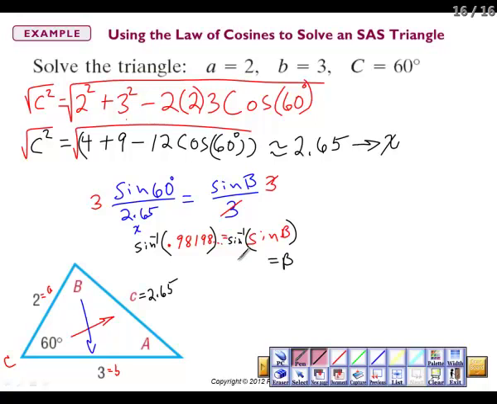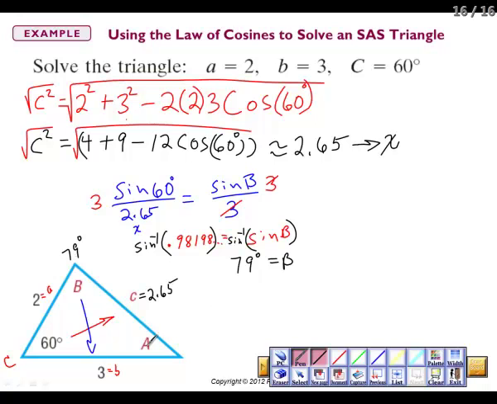So we're just going to say 79 degrees. Based on what they want you to round it off to, we could round off 79, 79.1 or 79.11. It all depends on what they want. But we're going to round it off to just a whole degree, so that's 79 degrees.